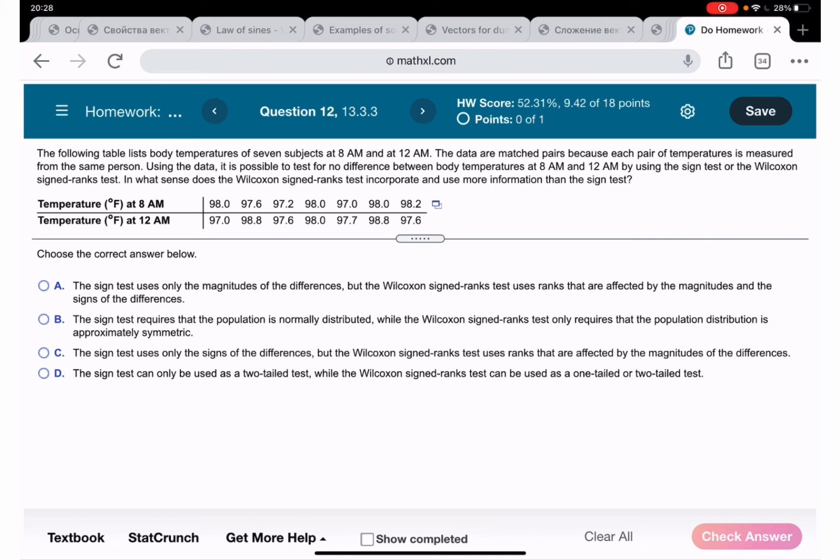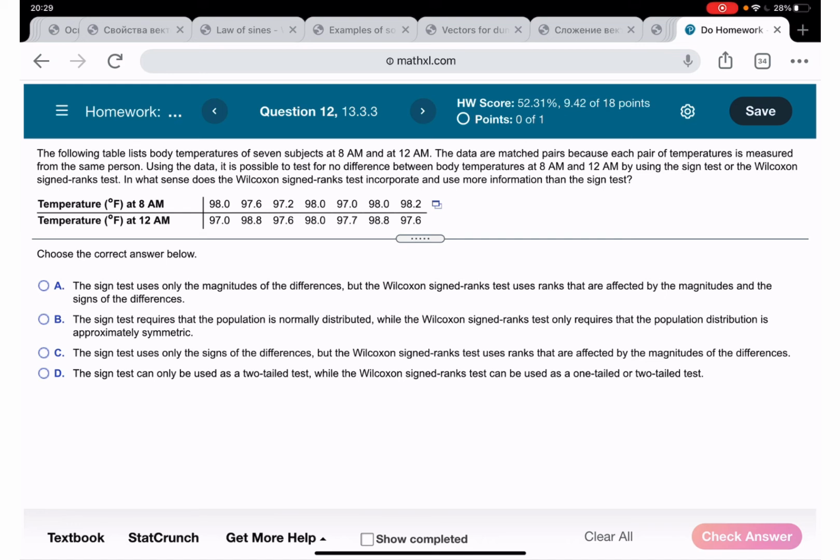In what sense does the Wilcoxon signed rank test incorporate and use more information than the sign test? The thing is, the sign test uses only the signs of the differences. But the Wilcoxon signed rank test uses ranks that are affected by magnitude, remember, the absolute value of the difference.